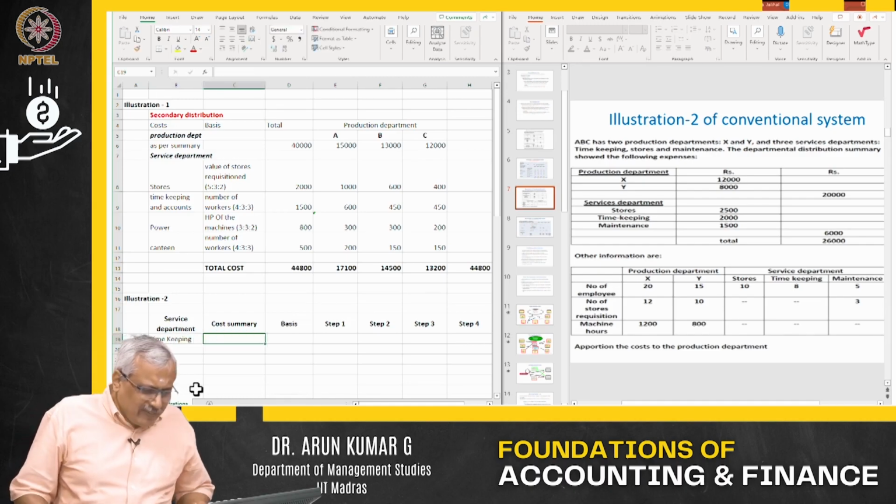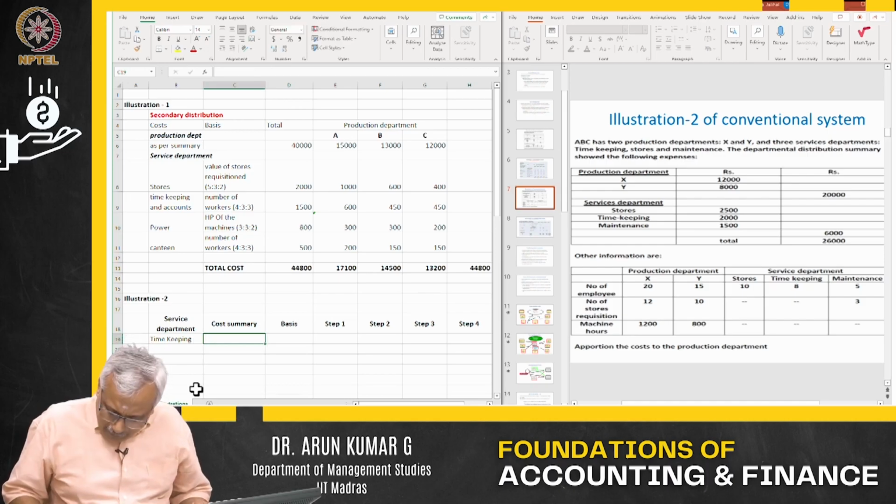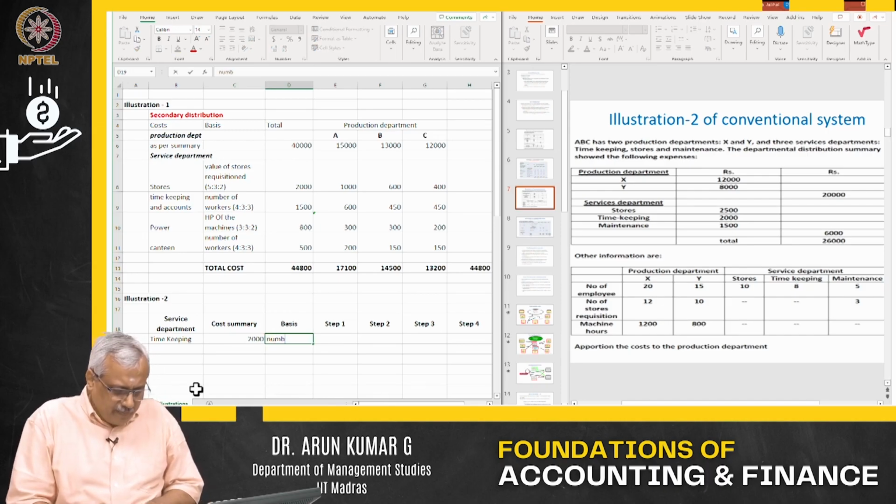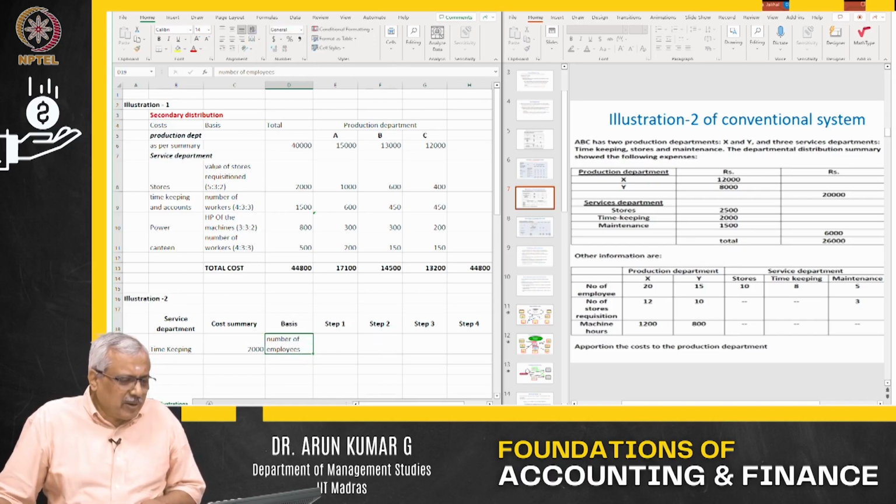Now, what is the cost summary of the timekeeping department? $2,000 is the cost summary of the timekeeping department. What is the basis? The basis is going to be the number of employees, and what are the number of employees here?